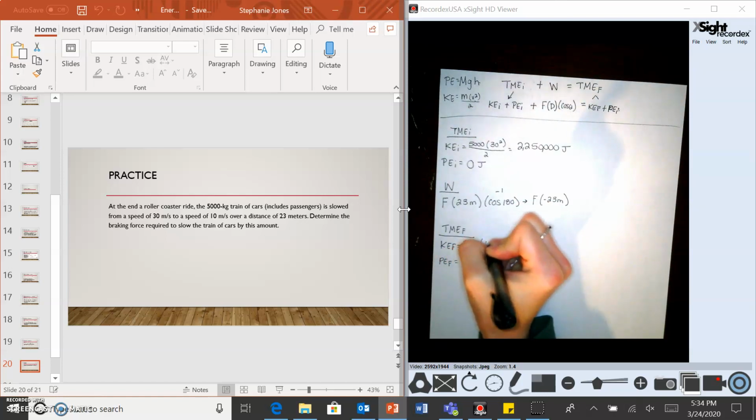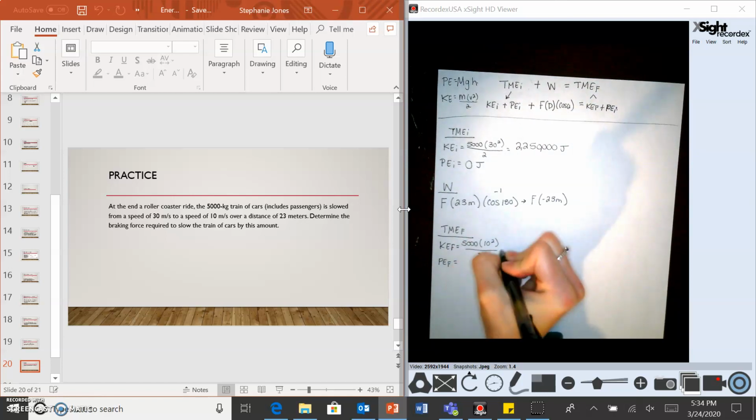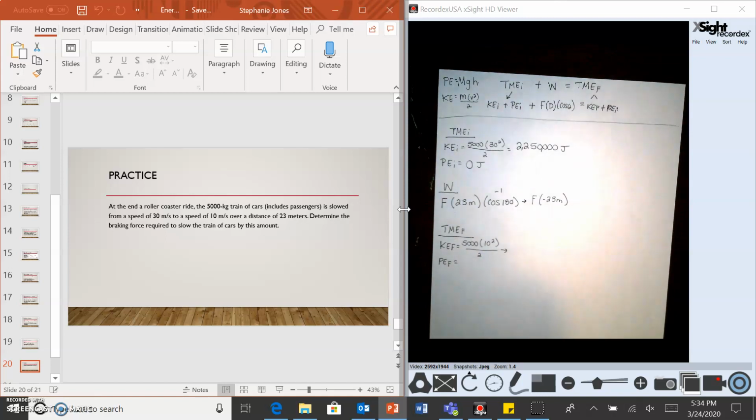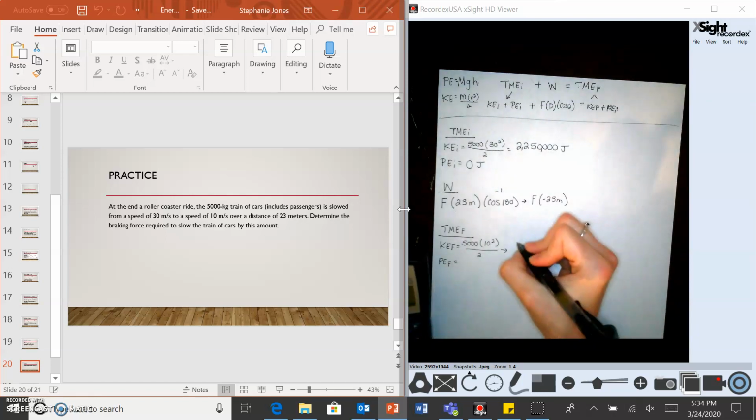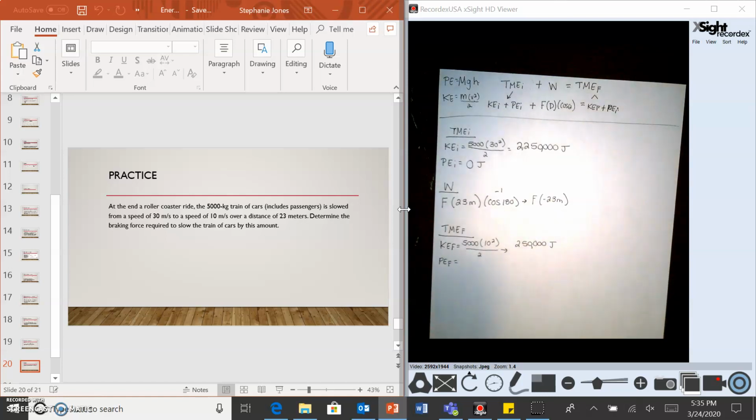It's now 10 meters per second. So we're going to square that and divide by 2. So I'm going to plug that into the calculator. So now it's 250,000 joules of kinetic energy.